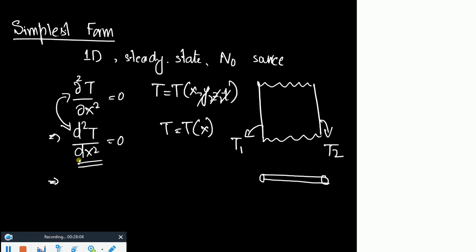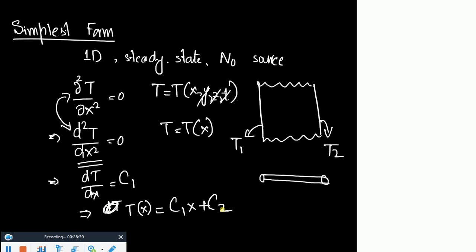You have this ordinary differential equation. Can you solve it? Second derivative is 0. What would be the first derivative? A constant. And for which relation would you have the first derivative as a constant? Isn't it?